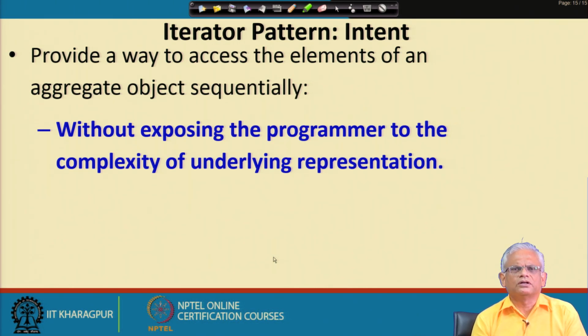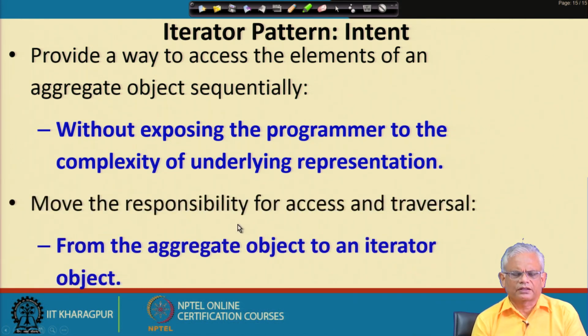The programmer need not look at how the aggregate is represented internally and then find out how to identify the next element, how to identify the end of the tree or the leaf nodes and so on. And therefore, it tremendously reduces the programming effort and makes writing the code easy and understanding the code easy.